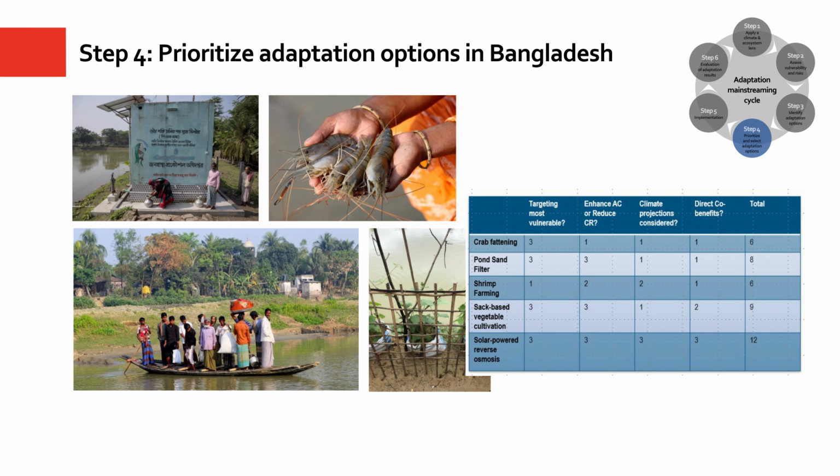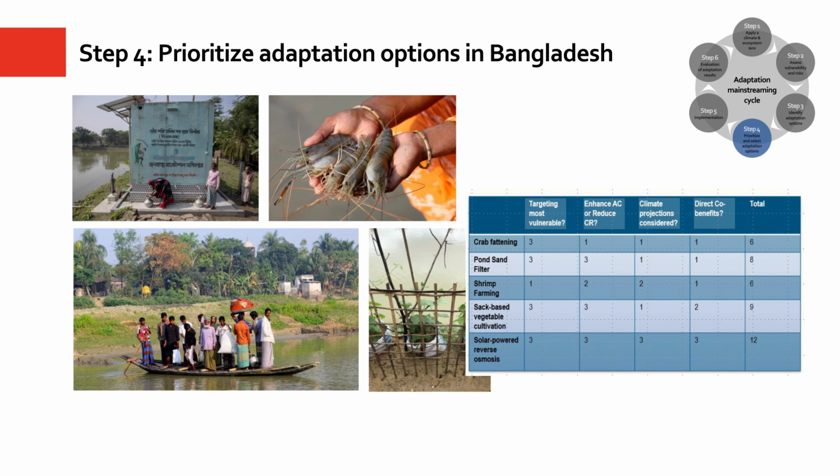Does the measure benefit the most vulnerable? Does it enhance adaptive capacity and/or reduce the exposure to climate risks under current conditions? Does the measure consider climate projections? And does it have direct co-benefits? Based on these criteria, the adaptation measures were evaluated, yielding different scores, which can then be further discussed.